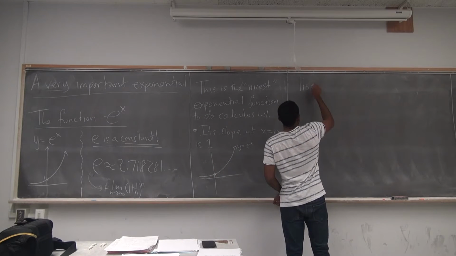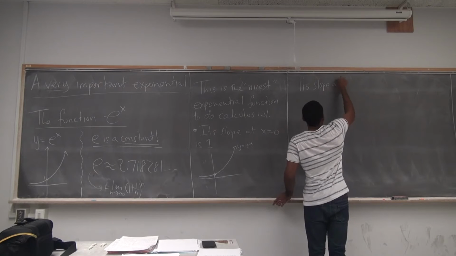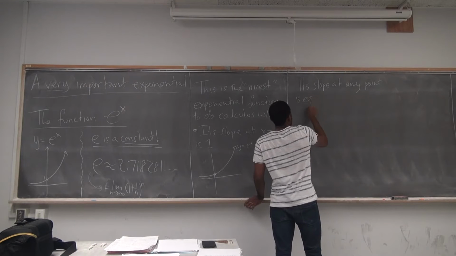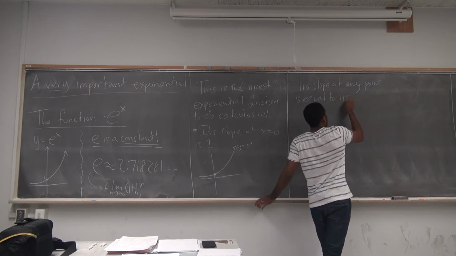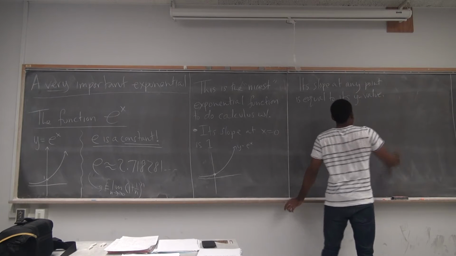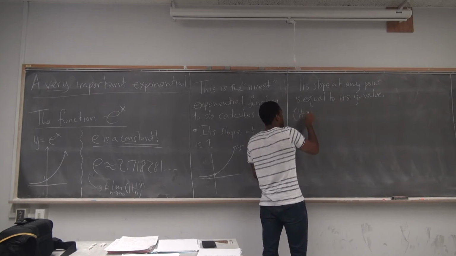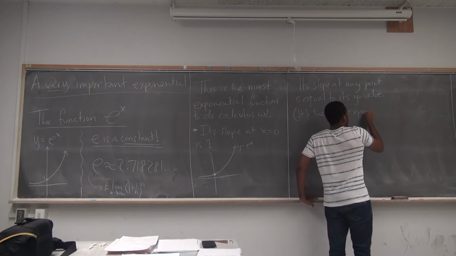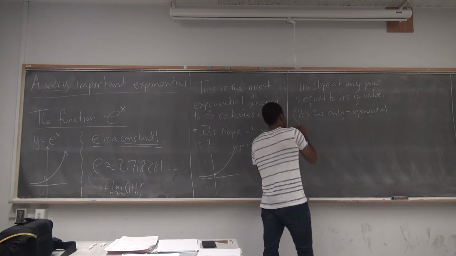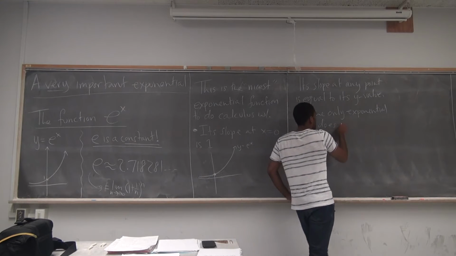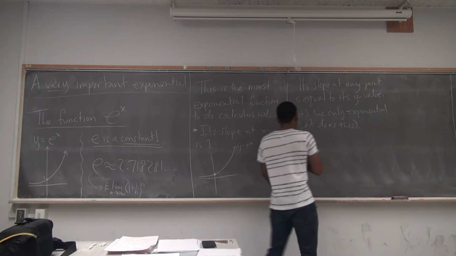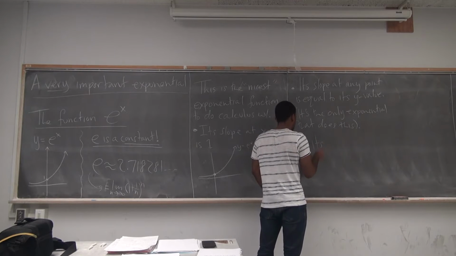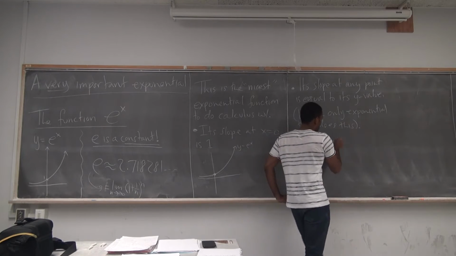And its slope at any point is equal to its y value. And it's the only exponential function that does this. Another thing that's nice about it, it's its own derivative.